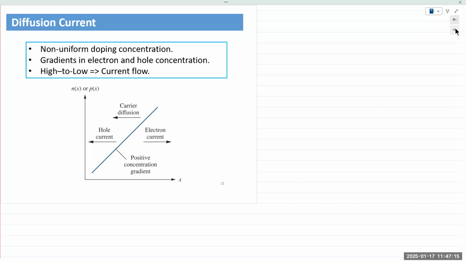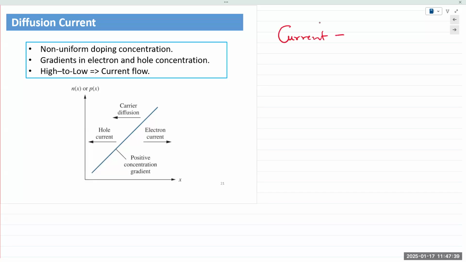I'm hoping students are familiar from the prereq physics classes a little bit. But when you apply an electric field to an either N-type or P-type material, electrons will drift away from the direction of the field, and holes will drift in direction of the electric field. And so that current is known as the drift current.